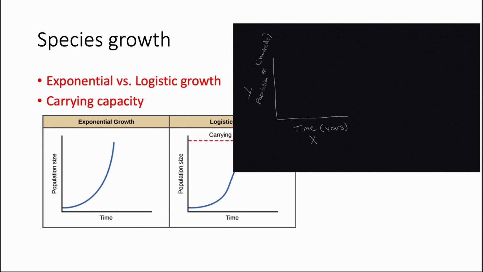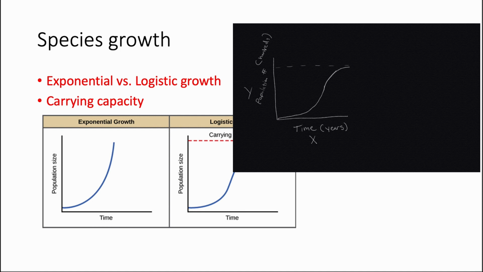We have the y, we have the x. And through time, these fish, because there's all this food, they increase at an increasing rate. And as they reach carrying capacity, because again, you're only putting in that much food, there's only so much food, this slope starts to still increase, but at a decreasing rate.